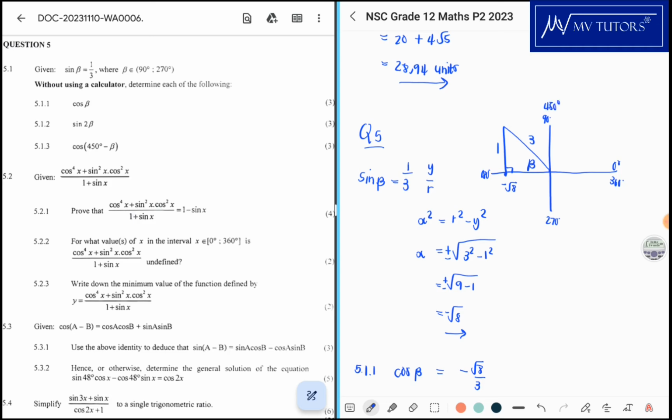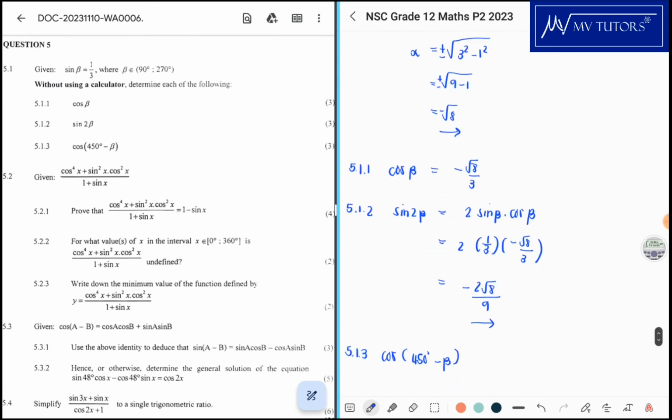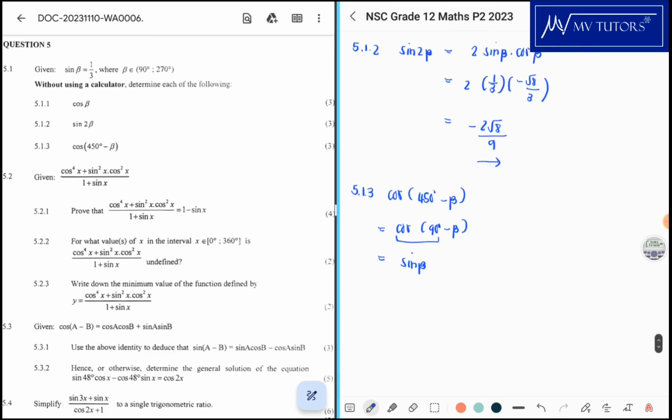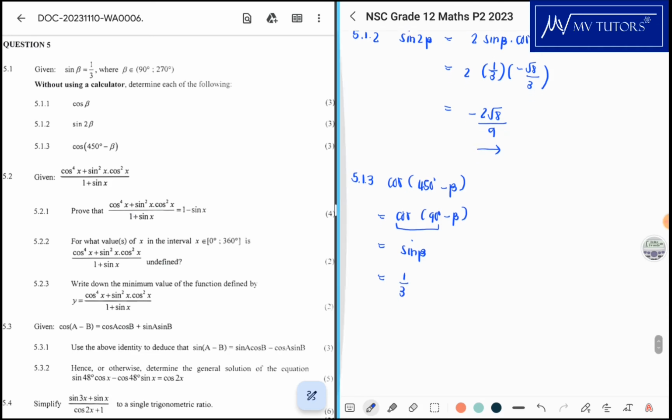So as such, I can say cos of 450 minus beta is similar to cos of 90 minus beta. By virtue of that, cos of 90 minus beta turns into sine beta and it's positive. So what is sine beta? It's simply a third. And yeah, I think that's it for 5.1.